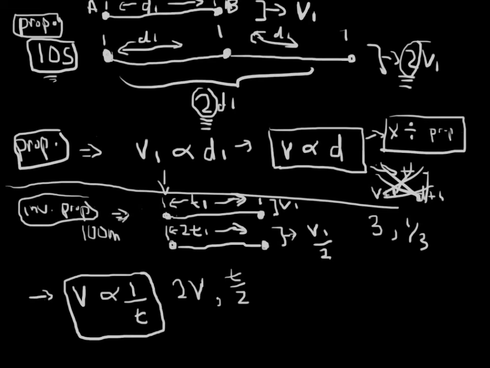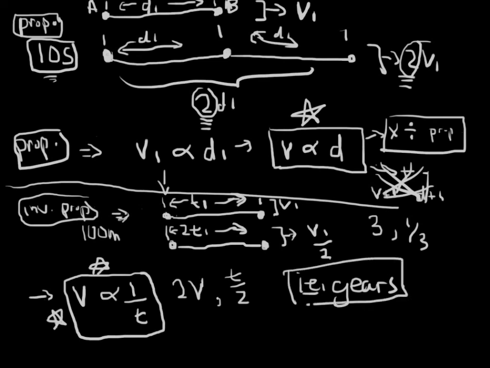Understanding what these really mean is essential for moving forward when it comes to doing actual examples, like in the next video where we're going to do an example on gears. You have to really understand what inversely proportional really means.